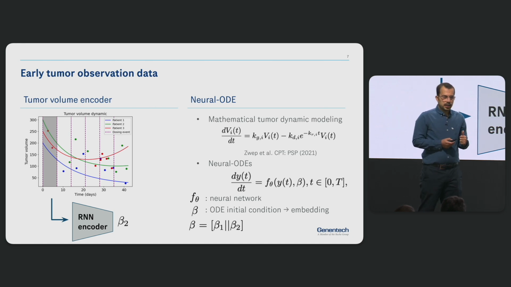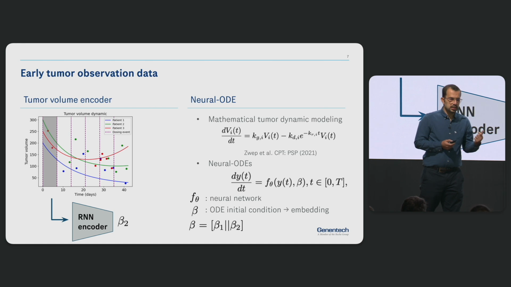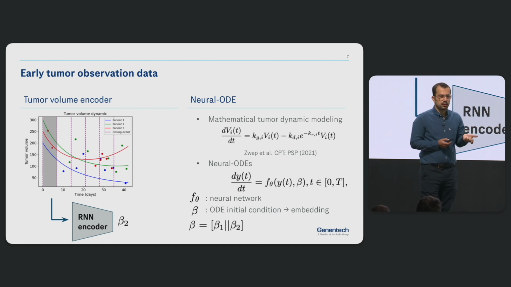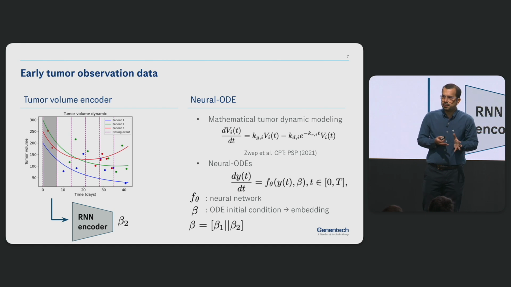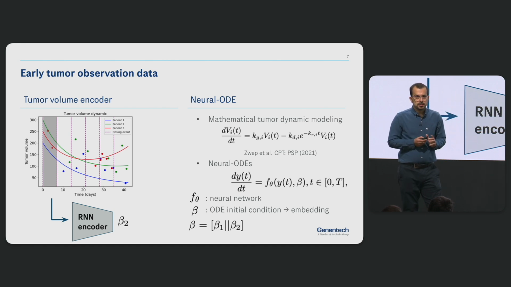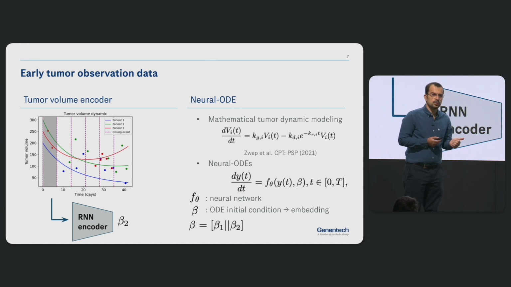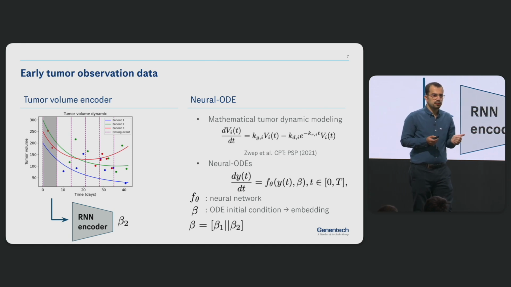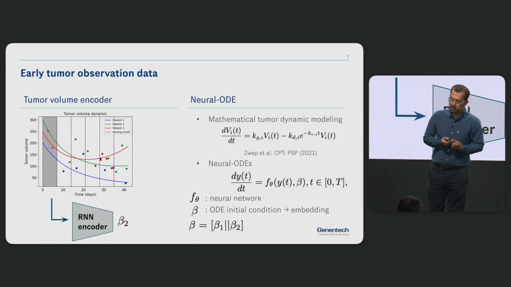So we implement an RNN encoder to encode this early tumor data, or the observation window as we call it, into an embedding space, we call it beta 2. And then beta 1 from the graph encoder and beta 2 from the RNN encoder, we concatenate them and use them as the input of our Neural-ODE system.